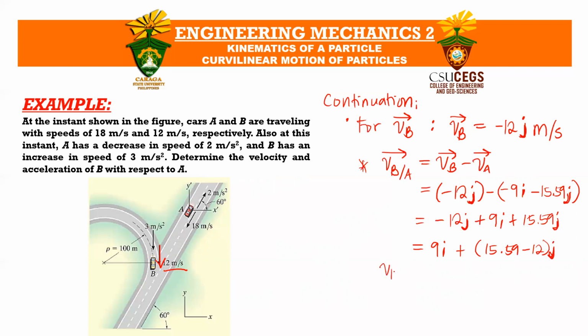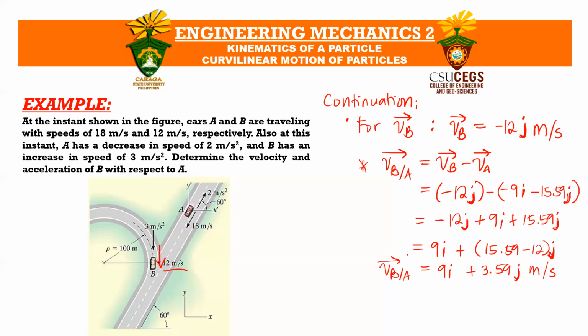And the velocity of b with respect to a, or velocity of b relative to a, would be equal to 9i plus 3.59j meters per second.